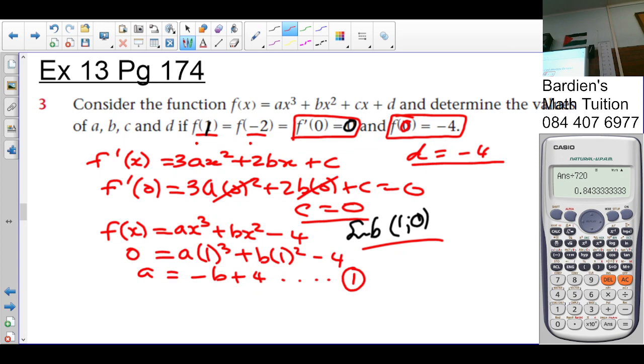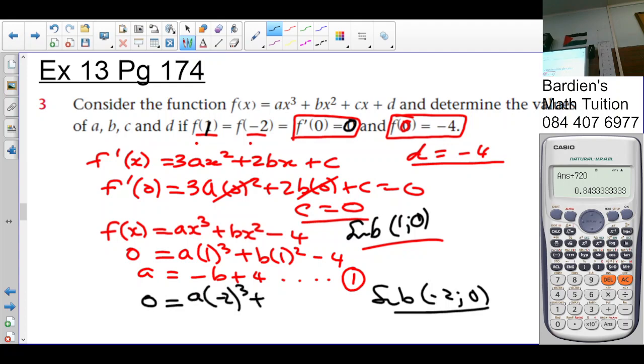Okay? Then what I do is I substitute the other point, which is negative 2 and 0. Again, that's an x and a y. So 0 is equal to a times negative 2 cubed plus b times negative 2 squared minus 4. Therefore, let's just simplify.